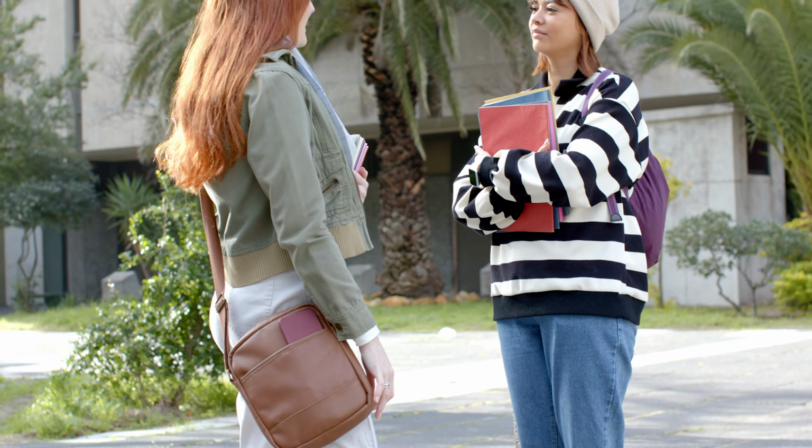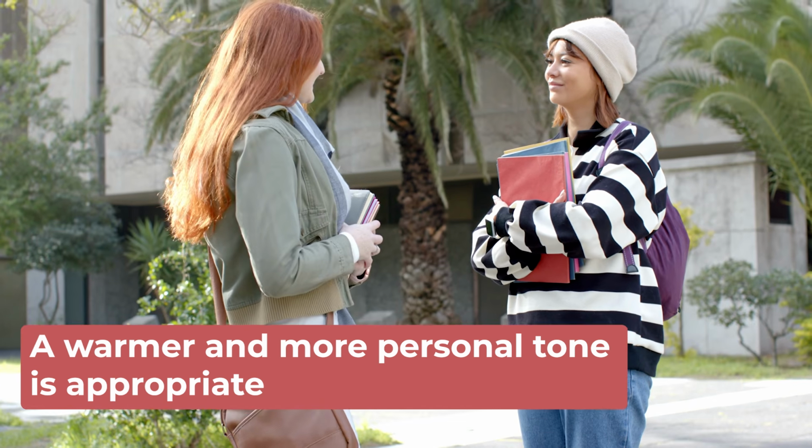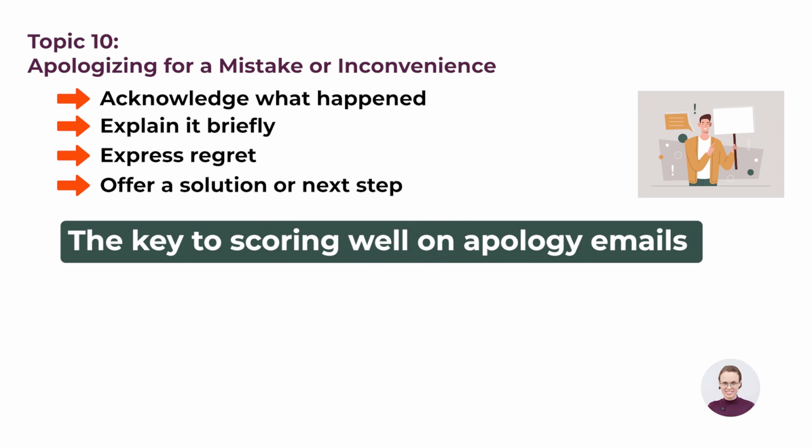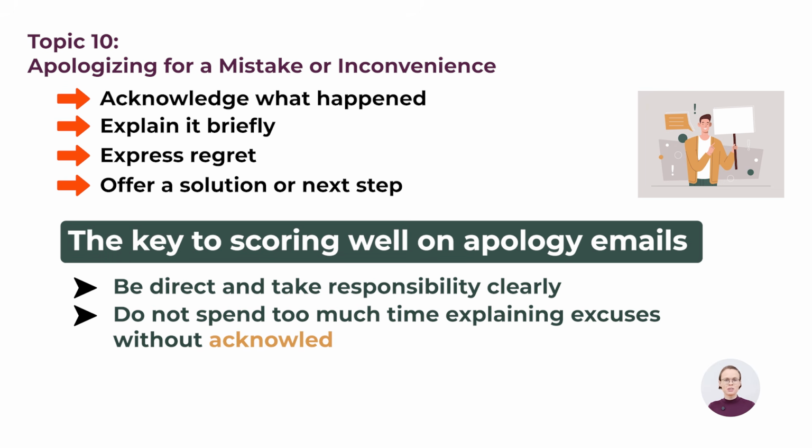If you are writing to a friend or classmate, a warmer and more personal tone is appropriate. Regardless of the tone, the key to scoring well on apology emails is to be direct and take responsibility clearly. Do not spend too much time explaining excuses without acknowledging the impact on the other person.